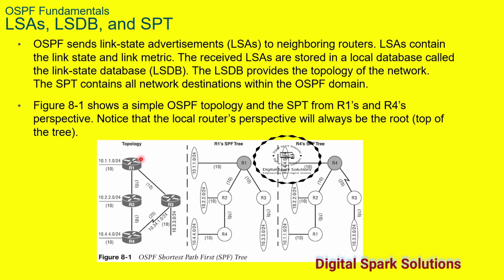If we see R1, R1 is on top, the rest of the routers are on the bottom. Similarly, if we see R4, R4 is on the top, the other ones are on the bottom. So, SPT is the shortest path. Okay.